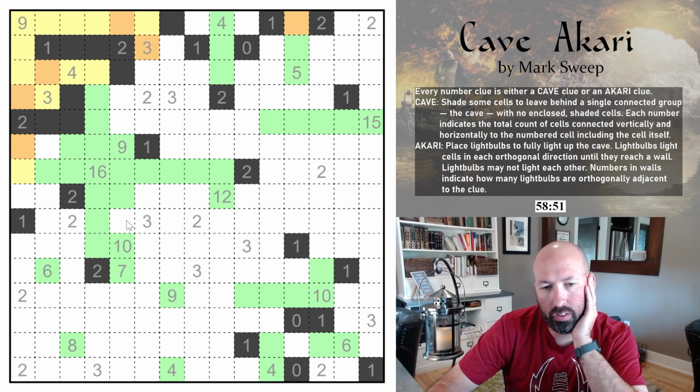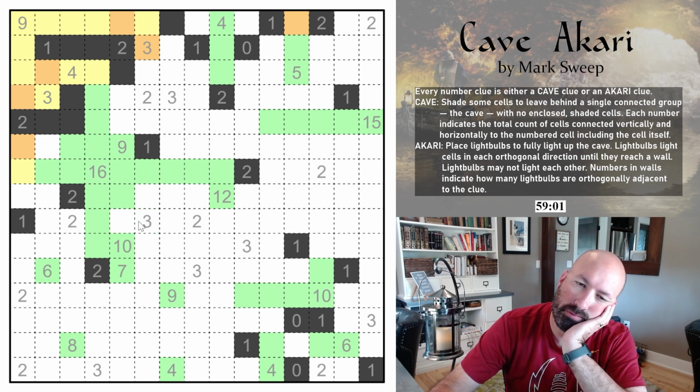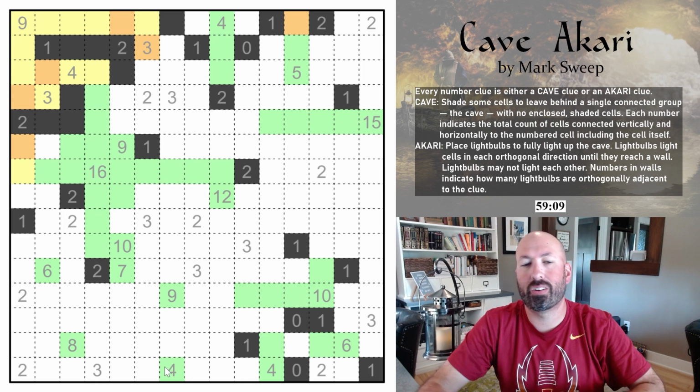So one thing we do know is these two are the same color. Is that true? No, that's not true, because it could be like that. That's not even true. Okay, we don't know that.